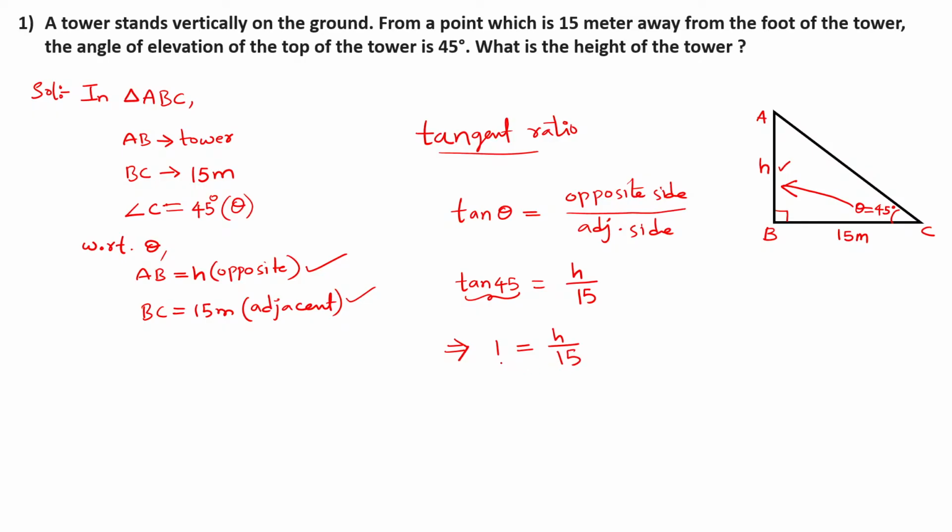Now 15 transposed to this side, it becomes 1 multiplied by 15, and that is equal to h. So here, if I interchange the LHS and RHS, I can write it as h is equal to 15. So therefore, the height of the tower is exactly 15 meters.